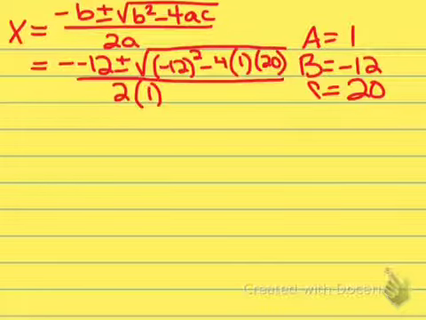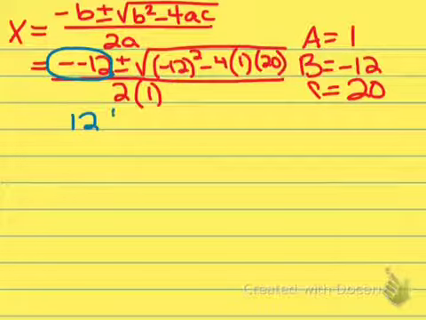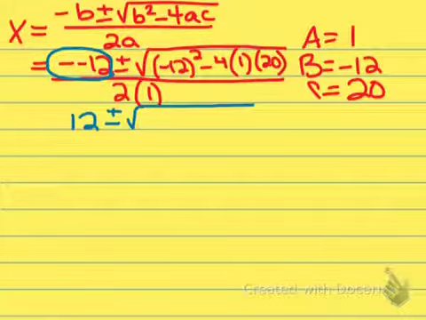All right, now we're going to use order of operations to simplify this. So I have minus negative 12, which is positive 12. I'm going to bring down my plus or minus symbol and my square root.